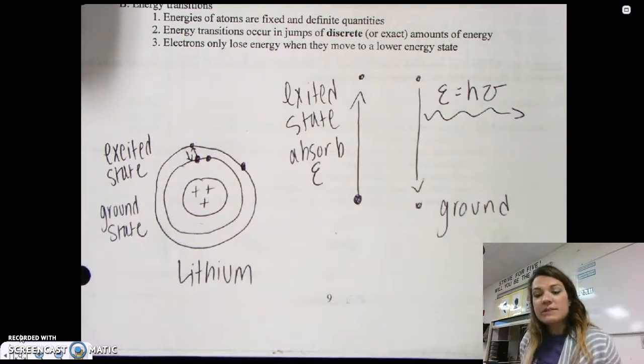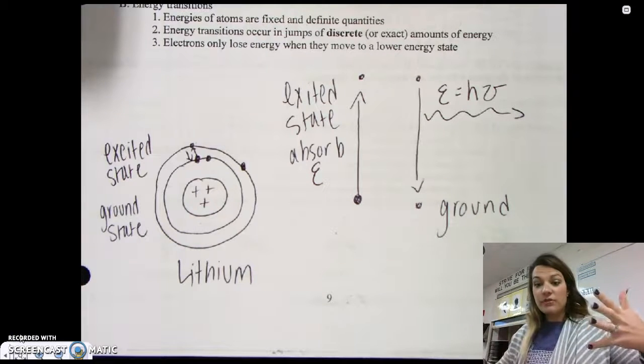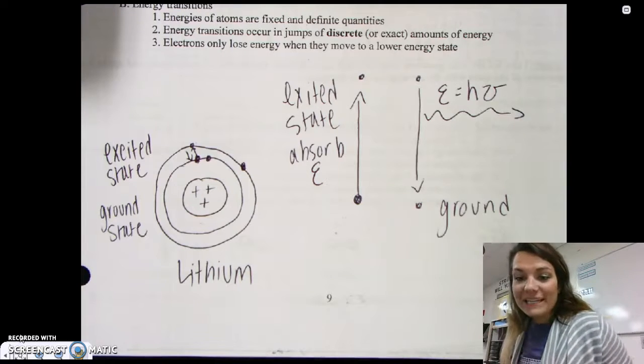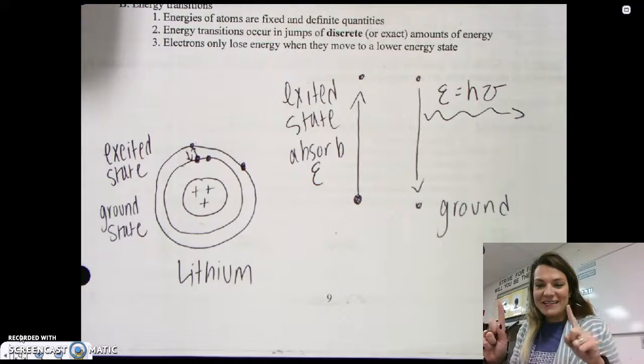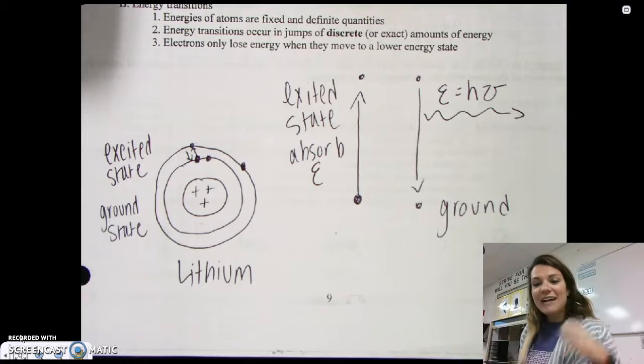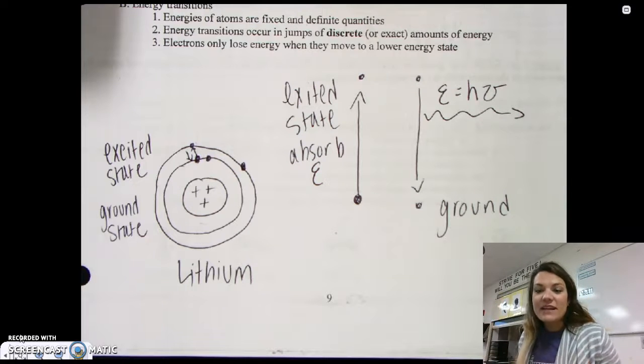So if energy is being released as the electrons fall back down to the ground state and release some sort of photon, which we can call light, or somewhere on that electromagnetic spectrum, we can actually identify atoms based off of light wavelengths that they emit during the course of excitation of electrons.